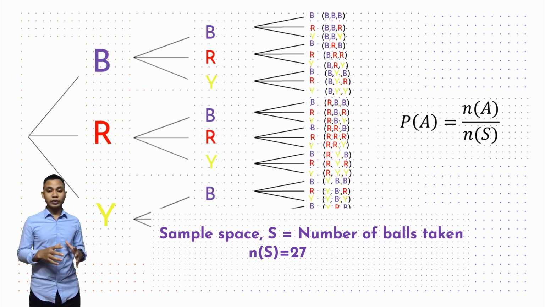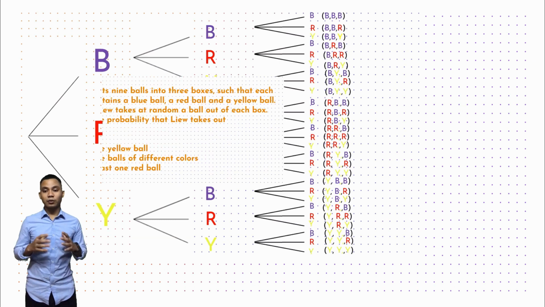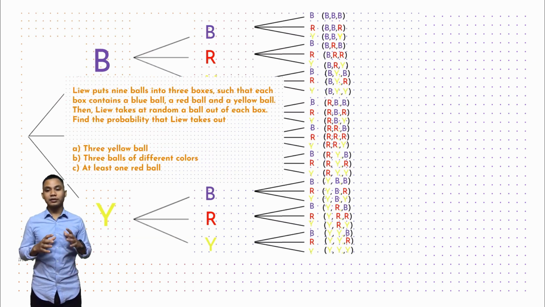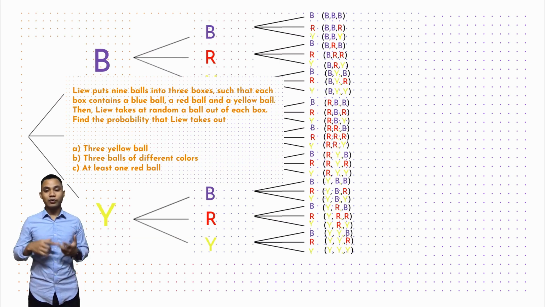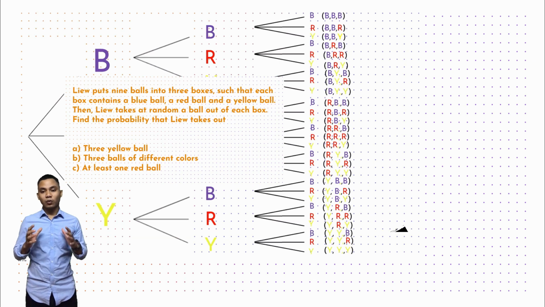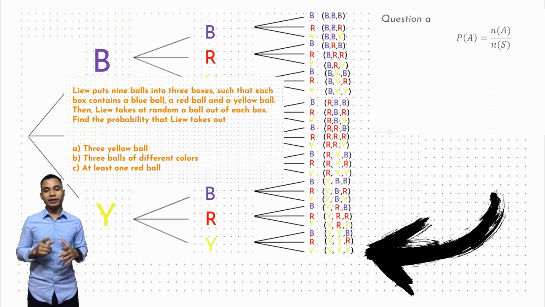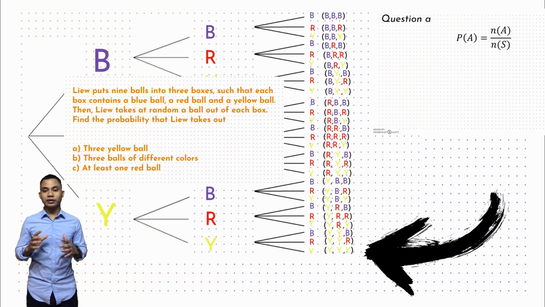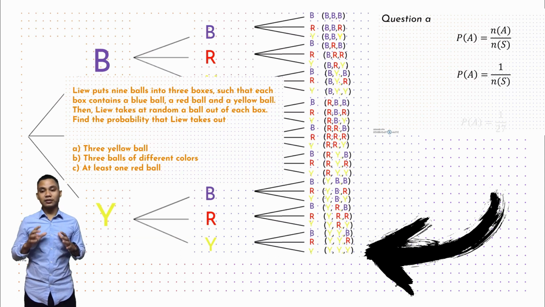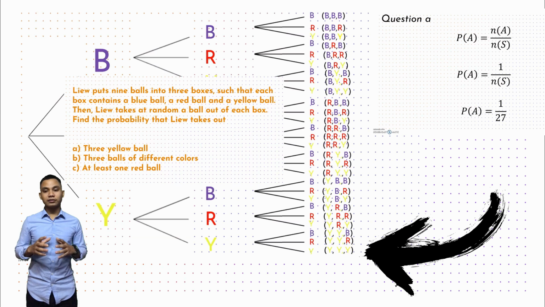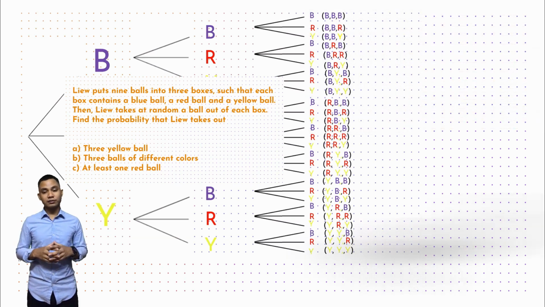So, for the first question that asks us the probability that Liu takes out 3 yellow balls, which is yellow, yellow, and yellow, how many outcomes contain Y, Y, Y? Just one, right? So we write 1. Then it must be over the sample space, the total combinations, 27. So the probability that Liu takes out 3 yellow is 1 over 27.